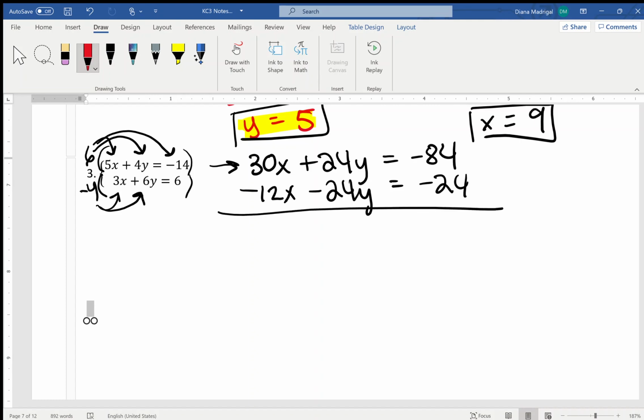We were multiplying by 6 and negative 4, so I can cancel y. Both numbers are the same. One is positive, one is negative. You add the rest of your numbers. 30 minus 12 gives me 18x. And negative 84 minus 24 gives me negative 108. Divided by 18 gives me x equals negative 6.